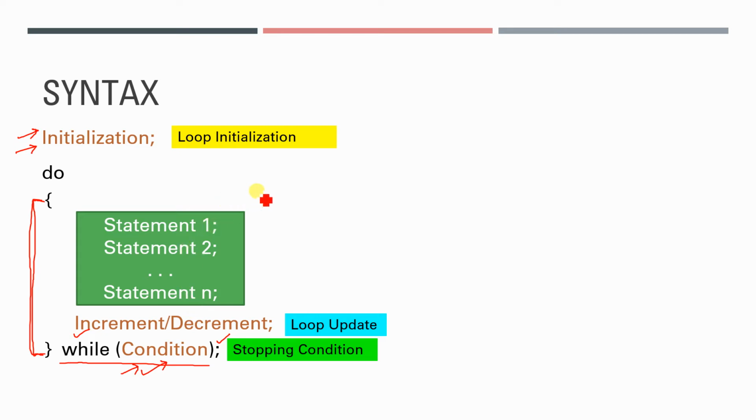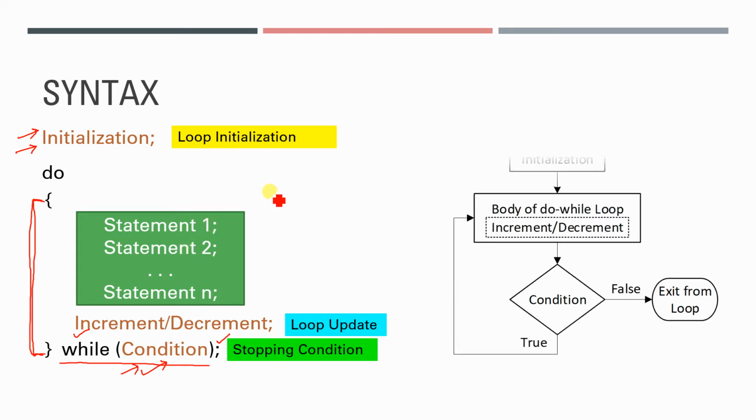So let us clearly understand it with a simple flowchart over here. You can see here, first the initialization will be done. Initialization means assigning a value to a variable, so that will help to start the execution of the statements present inside the body of the do while loop.